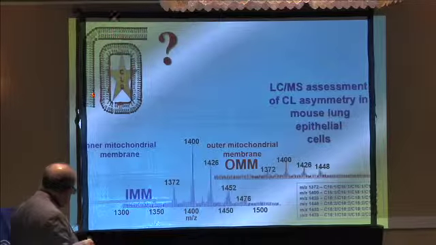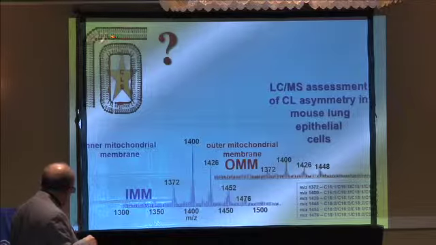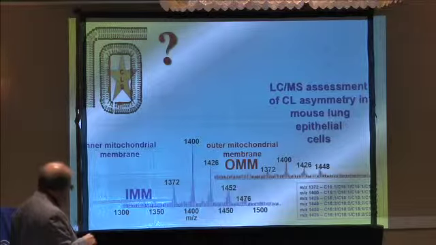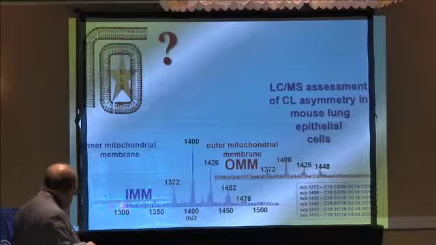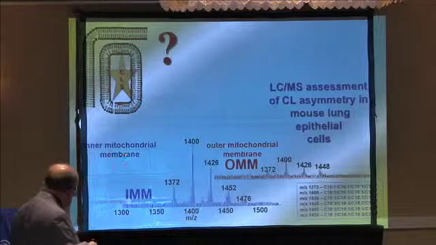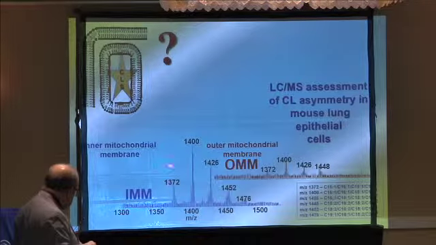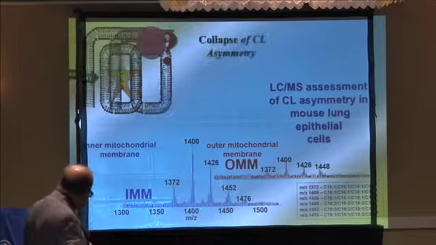If you look at mitochondria the way it's shown here: mitoplasm, inner mitochondrial membrane, cardiolipin synthase, the sites and instruments of synthesizing cardiolipins, most of them are not in the outer membrane, but in the inner mitochondrial membrane. And you can detect it by mass spectrometry. You can get very robust signals from the cardiolipins in the inner, but not from the outer mitochondrial membrane. So what does it mean?